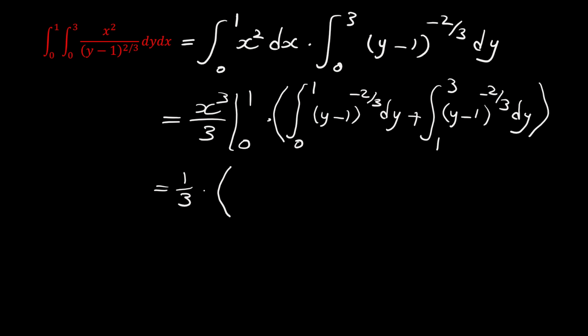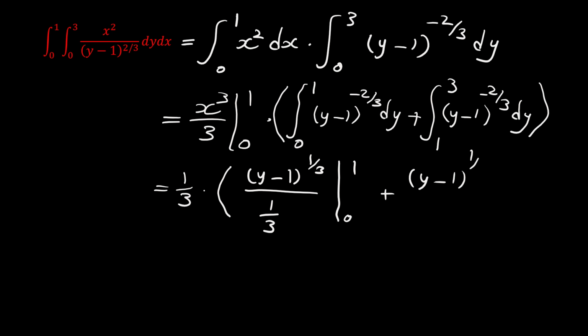Based on the power rule, the integral of (y - 1)^(-2/3) is (y - 1)^(1/3) all over 1/3, from 0 to 1. And of course, the other integral is also the same, (y - 1)^(1/3) all over 1/3 from 1 to 3. So we have a 1/3 here.